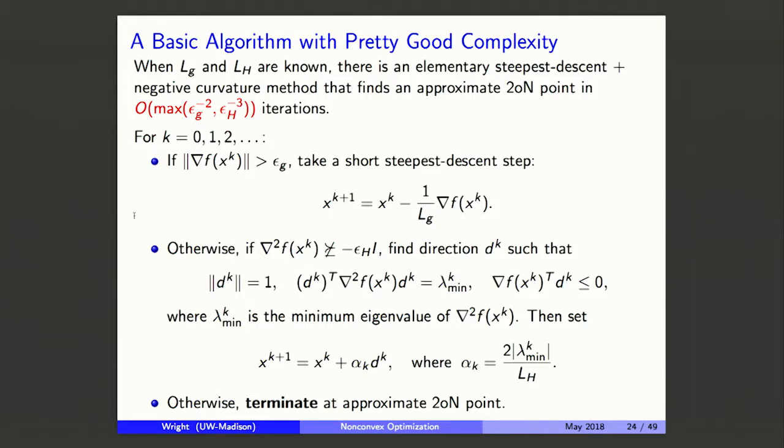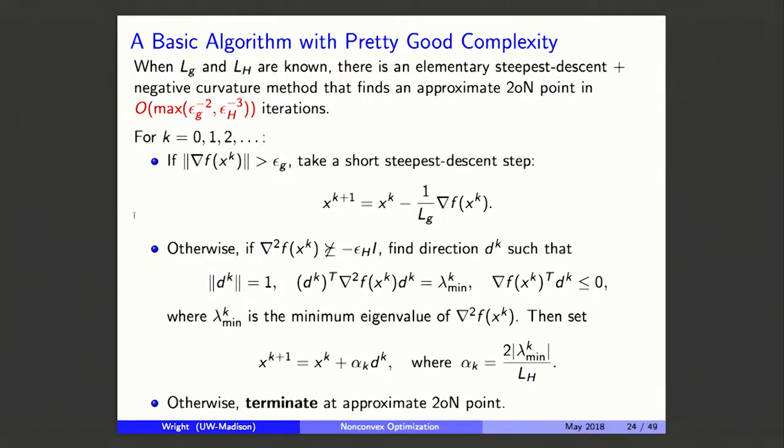It takes 2 kinds of steps. First of all, if the gradient is above this threshold, epsilon g, it takes a classic short steepest descent step, with a step length of 1 over the Lipschitz constant for the gradient. And that's guaranteed to give an improvement in f.